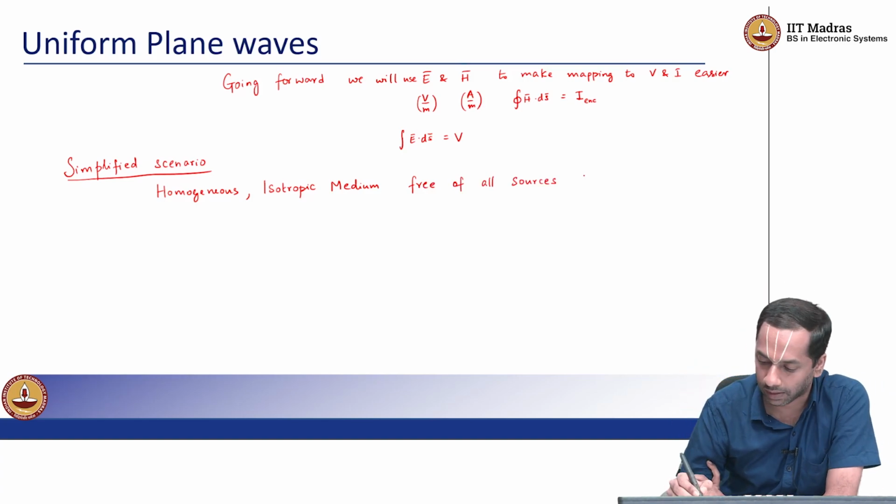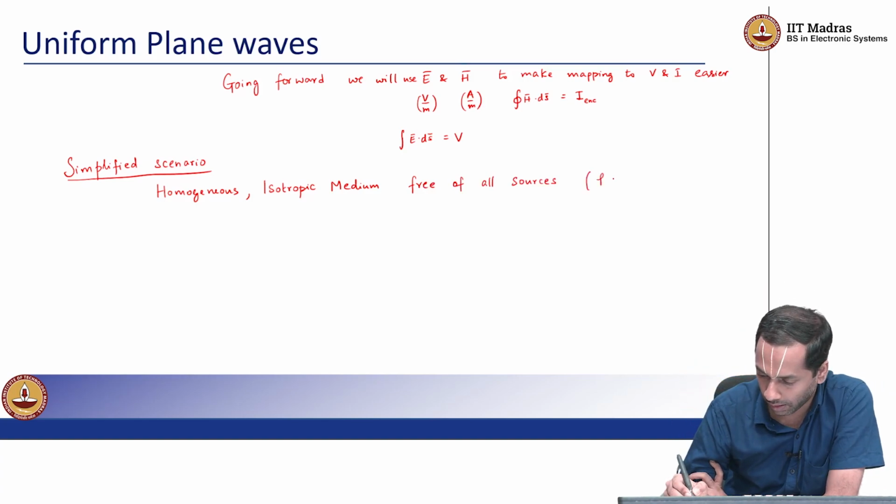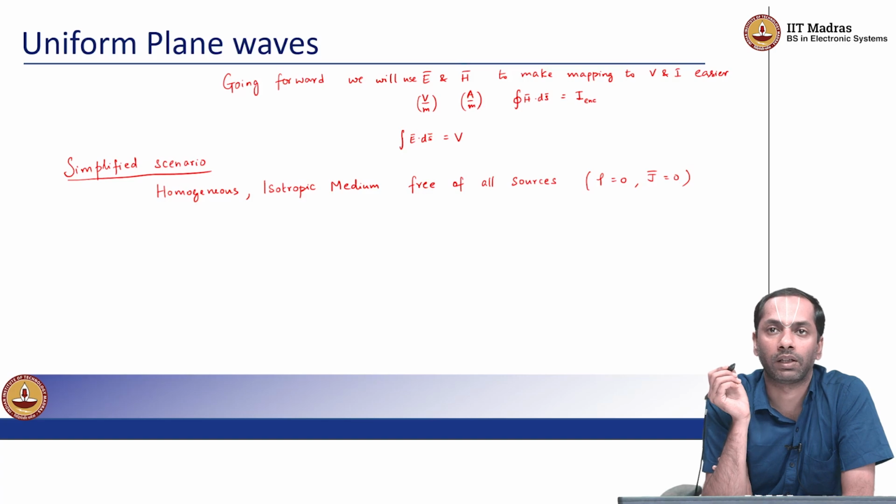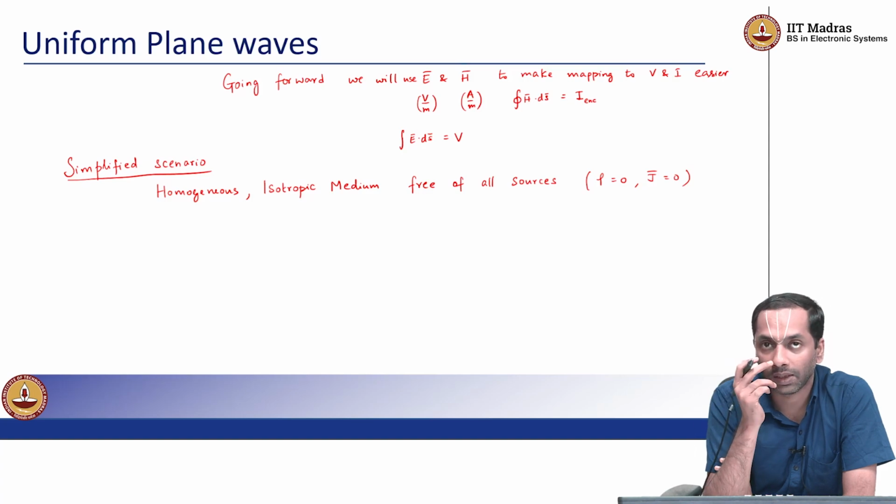Right. What we mean by this is basically rho is 0 and J is 0. Right. So, I do not have any free charges or free currents, conduction currents anywhere in the medium, right, that can create their own electric and magnetic fields.